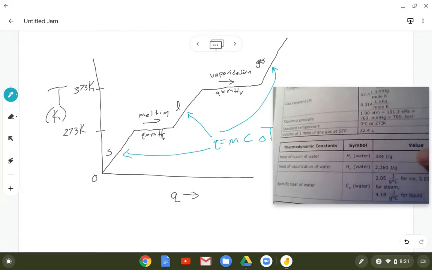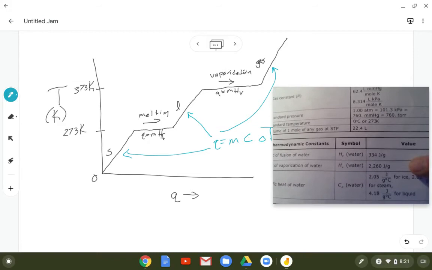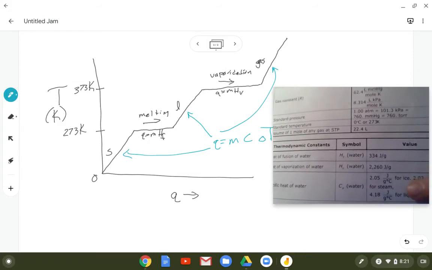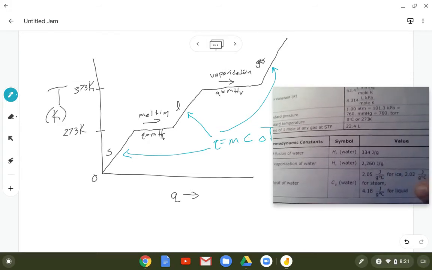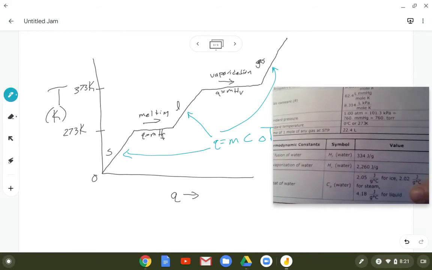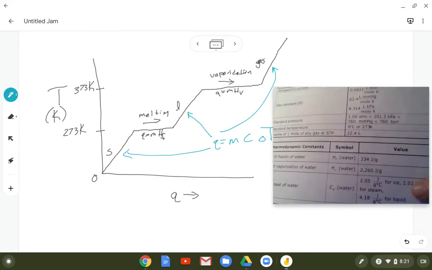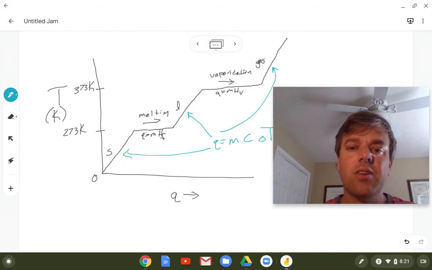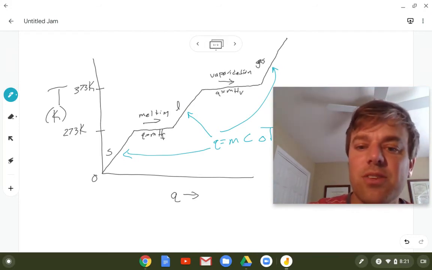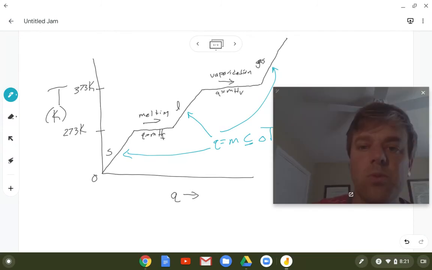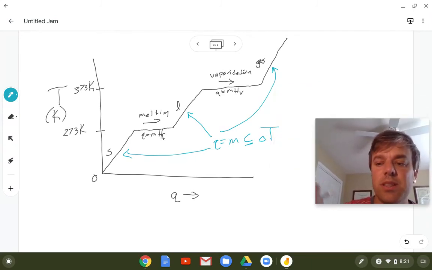You have the heat of vaporization for the liquid-vapor transition. And then you actually have three different specific heat constants depending on whether you're talking about a solid, a liquid, or a gas. So the actual value of the specific heat constant C changes depending on what point in this curve you're on.